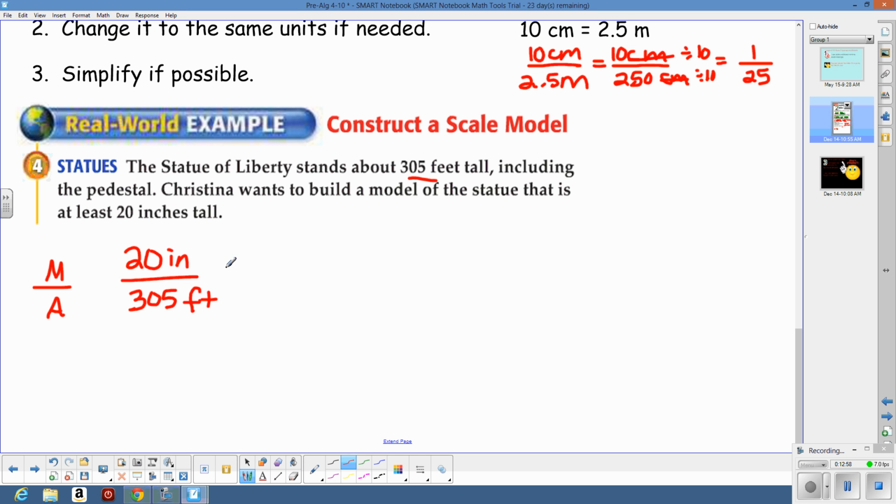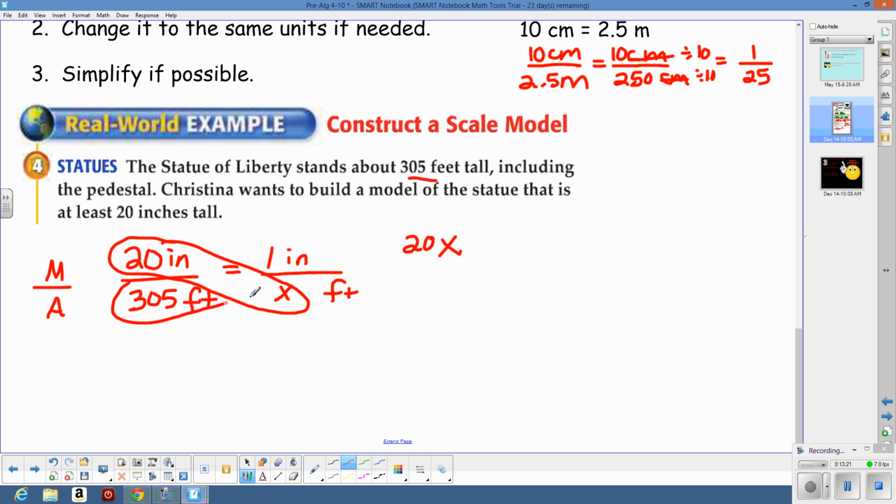We want to figure out what that scale is, so we're going to figure out what 1 inch is equal to in feet on the actual thing. I'm going to write 20 inches over 305 feet equals 1 inch over x feet, and then solve the proportion. 20 times x is 20x, and 305 times 1 is 305.